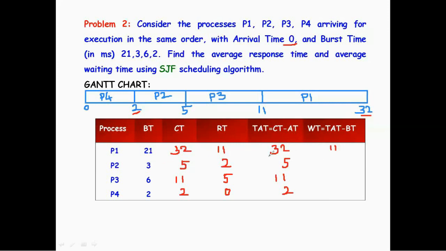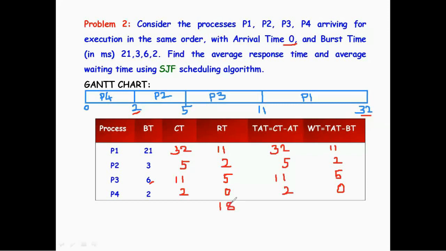Then for P2 waiting time is 5 minus 3, which is equal to 2. For P3 waiting time is 11 minus 6, which is equal to 5. Then for P4 waiting time is 2 minus 2, which is equal to 0.